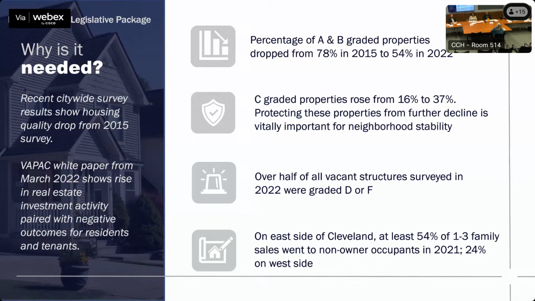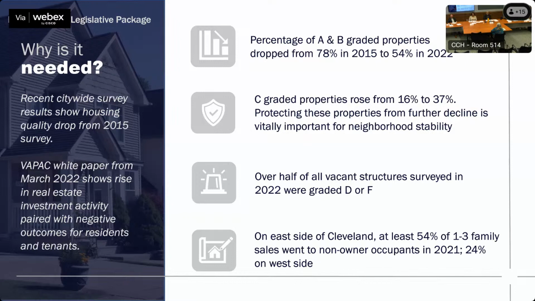C-graded properties rose to 37%, and protecting these properties from further decline is critical to neighborhood stability. Over half of all vacant structures surveyed in 2022 were graded D or F. This is no surprise to anybody who drives our streets. Vacant, dilapidated, blighted homes are still prevalent.